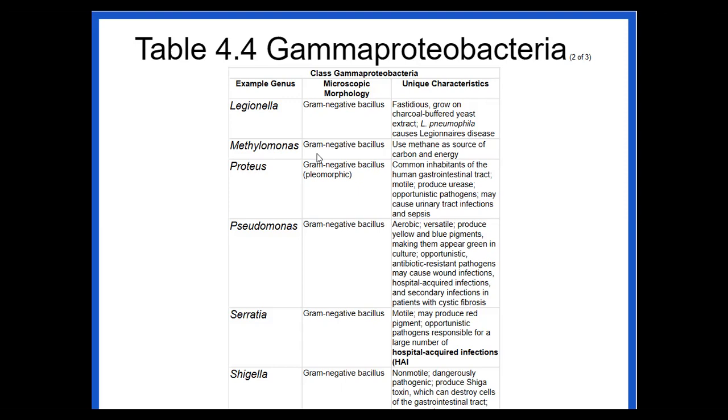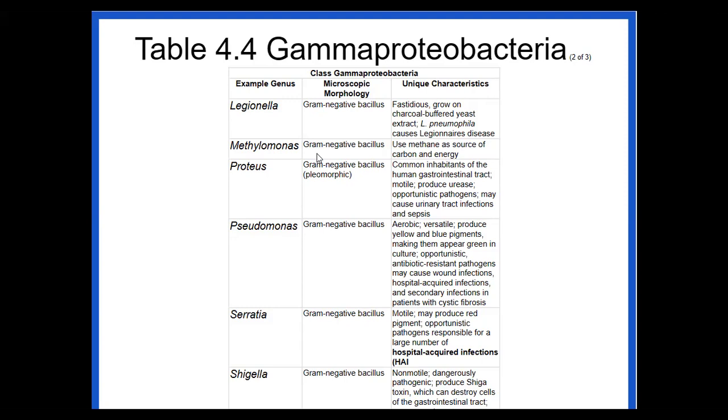You have also Pseudomonas, which is aerobic. It produces yellow and blue pigments, so if you culture it, it will appear green. It is also opportunistic. You have antibiotic resistant pathogens, and it may cause wound infection. Sa hospitals, delikado yan.